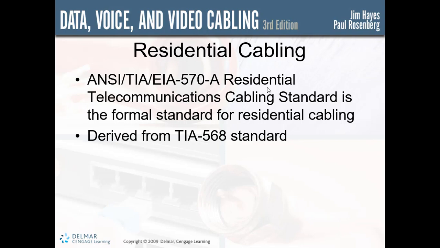At least one outlet must be provided in each kitchen, bedroom, family, great room, or den and study. It is recommended that one outlet be provided for each 12 feet of unbroken wall space. The 8-position modular jack is the only UTP jack allowed for the outlet, and it must be wired in the 568A configuration.